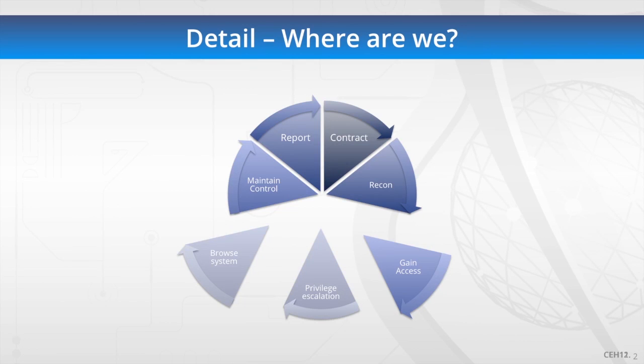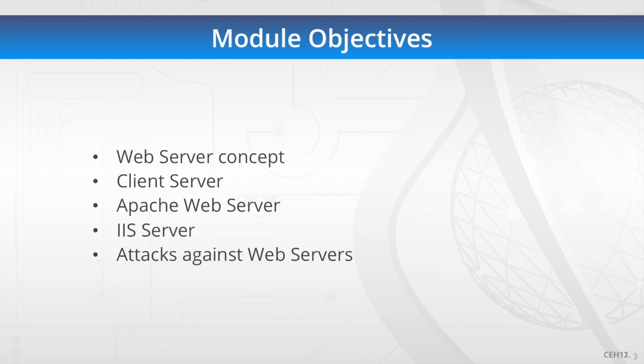So where are we? Well, we're hacking web servers, so we're trying to gain access. We're trying to do privilege escalation. We're trying to browse the system. These are all kind of looping in on each other, if you will. So we want to talk about the web server concept, client-server concept that goes along with it, and we're going to dig into Apache IIS and attacks against the web servers themselves.